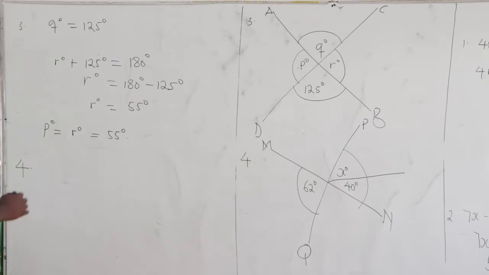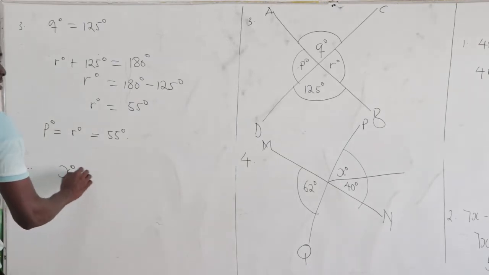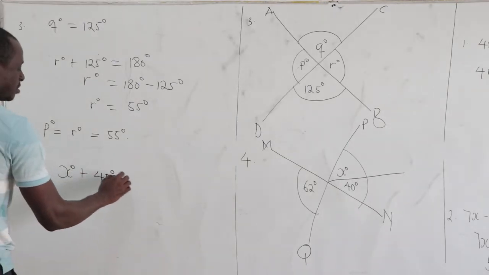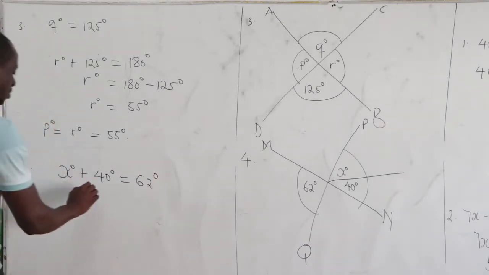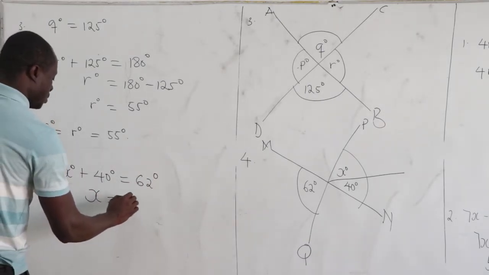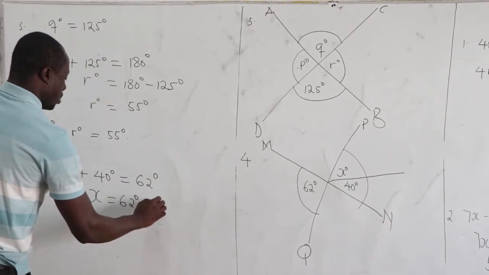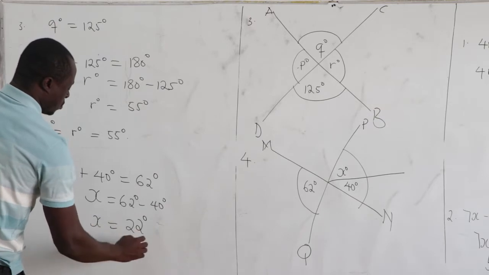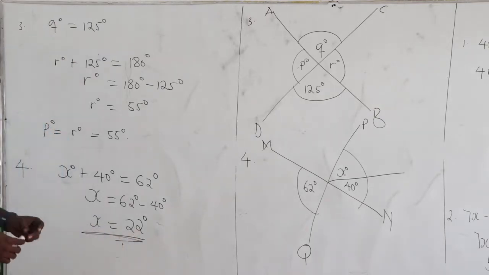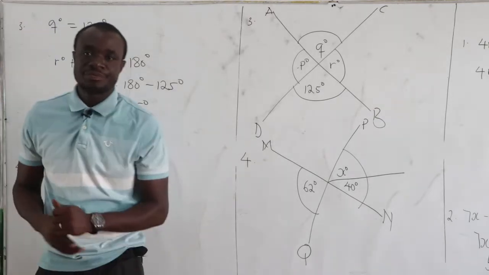So over here we are saying that x degrees plus 40 degrees equal to 62 degrees. So our x is equal to 62 degrees minus 40 degrees. So x is equal to 22 degrees. This is very, very trivial.